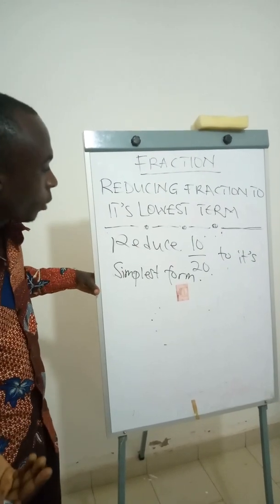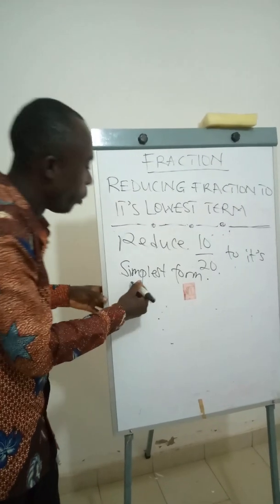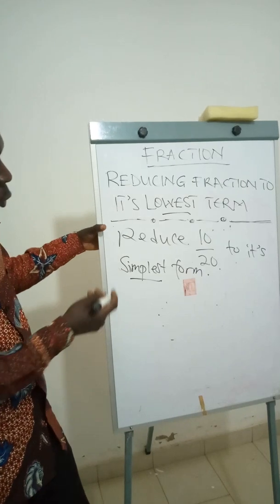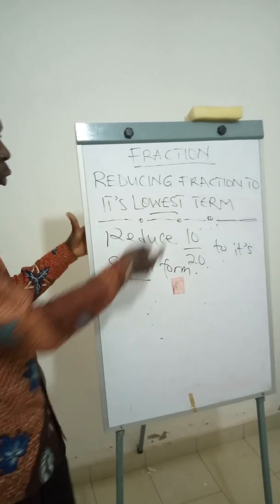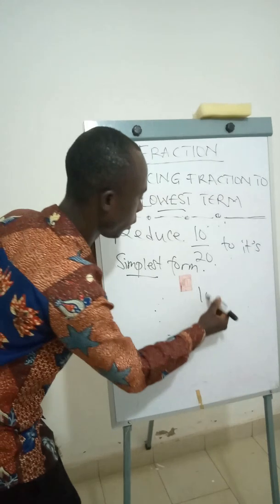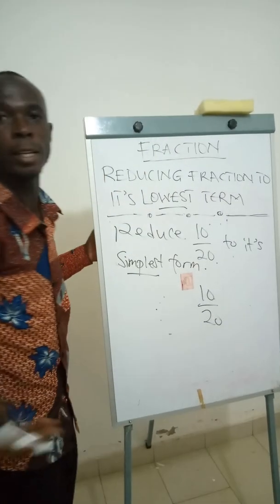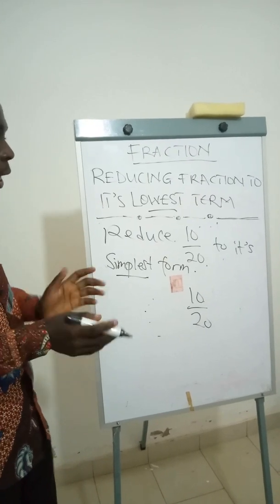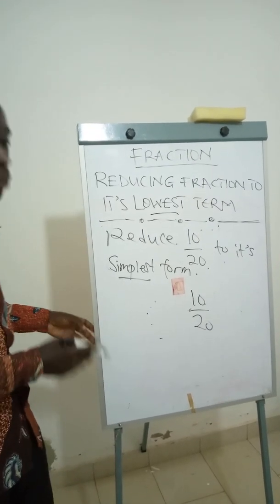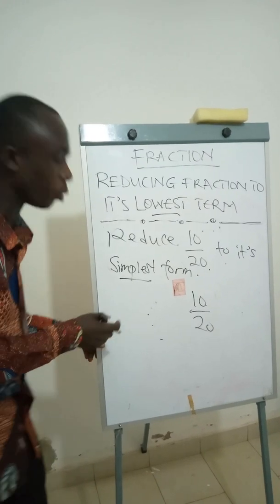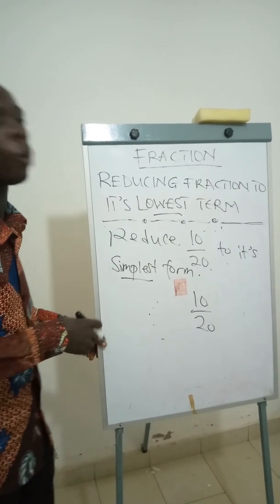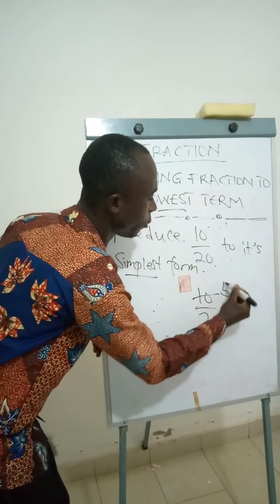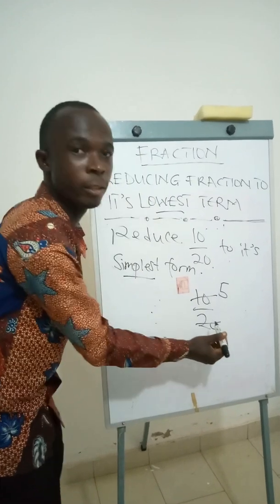So in an exam, if you meet simplest, it's the same as lowest. So 10 over 20, what is the common divisor? You can start from 2, one can start from 5, one can start from 10. It depends on how you do it. All will arrive at the same answer. So 2 goes into 10, 5. 2 goes into 20, 10.